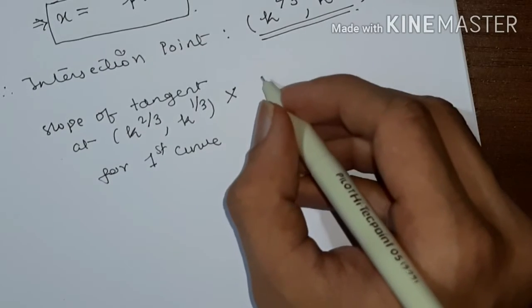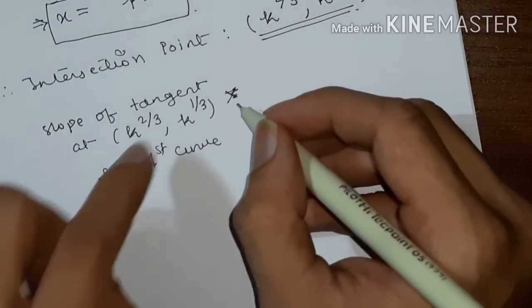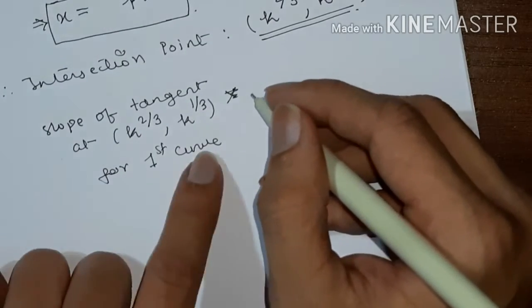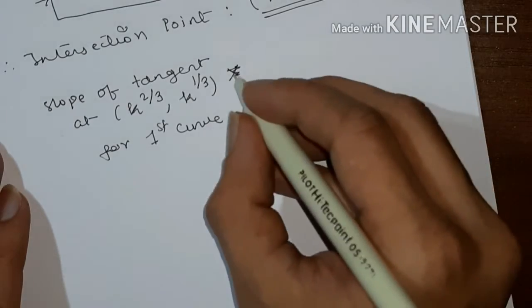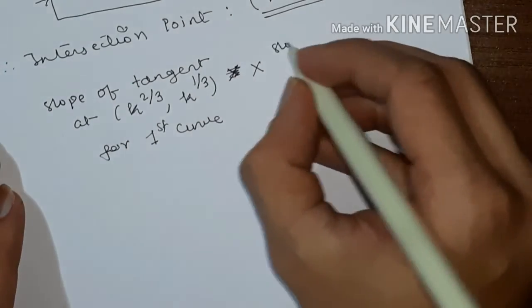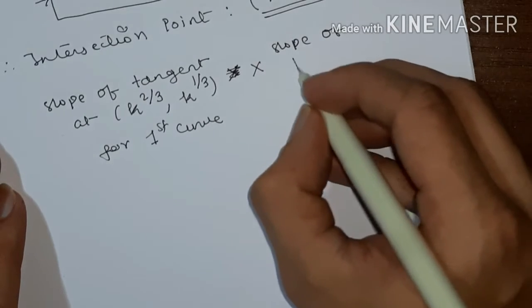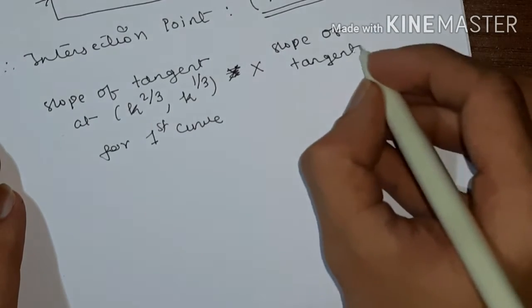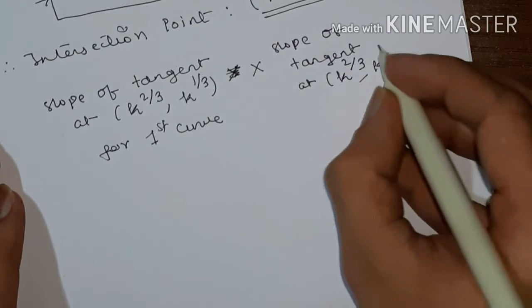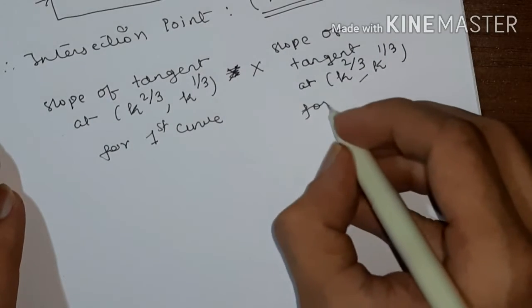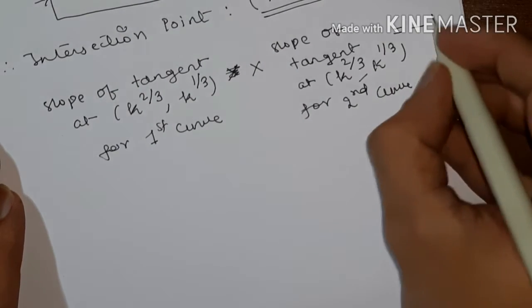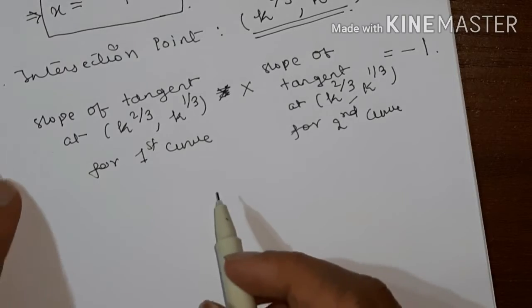multiplied by slope of tangent at k raised to 2 by 3 comma k raised to 1 by 3 for the second curve is equal to -1. Now why is it?